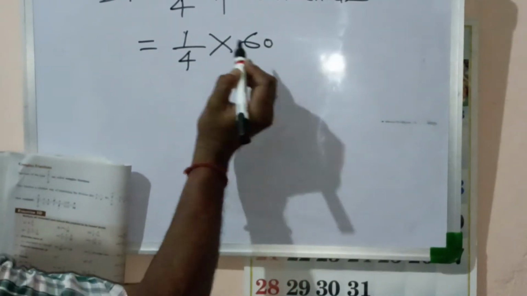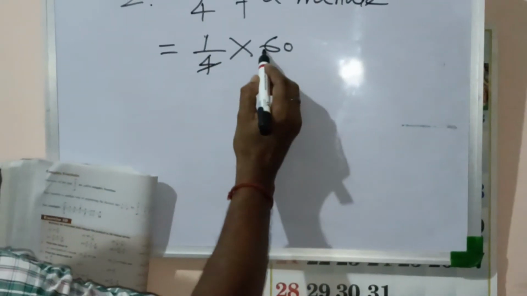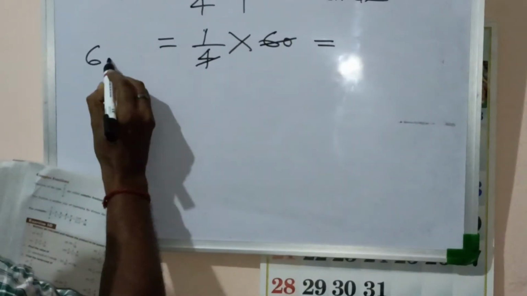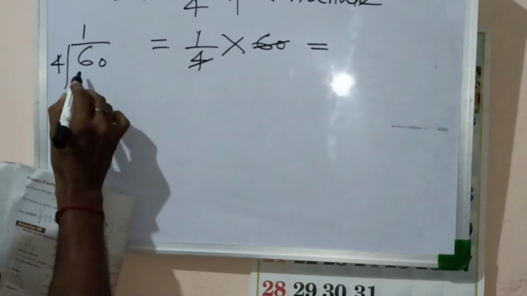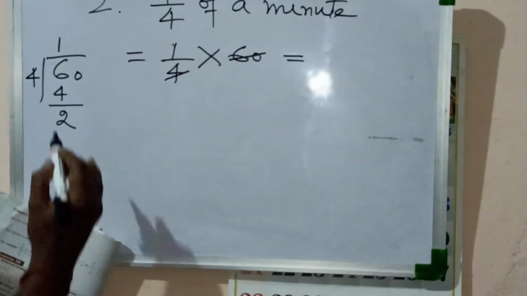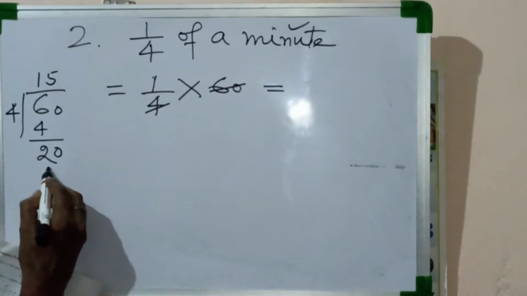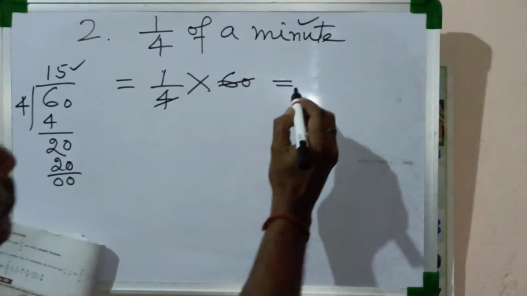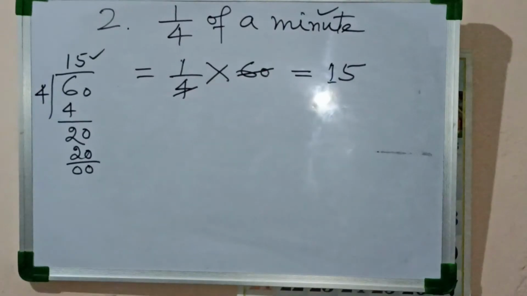So 1 by 4 into 60. Now this 4 can divide this 60. 60 divided by 4. 4 ones are 4, 2 is left, and then 0, 4 fives are 20. So this is 15. 15 is the answer. This way do this.